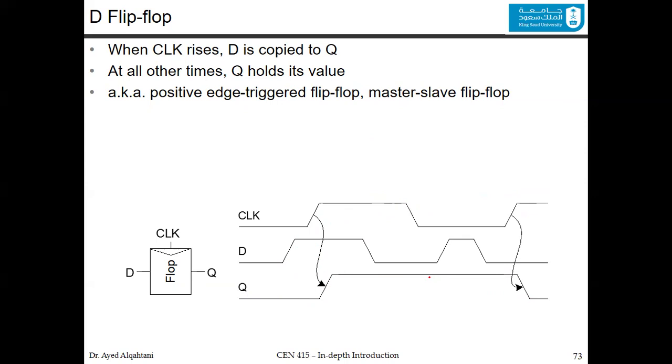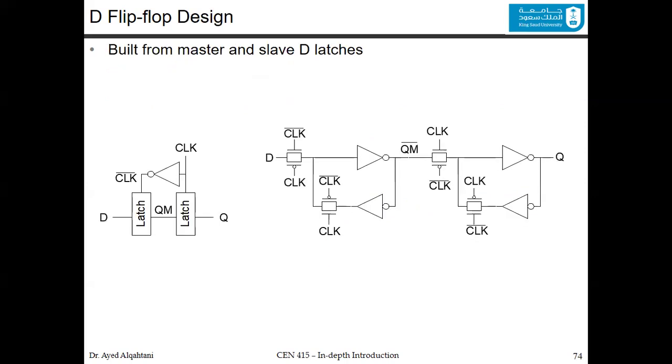Now, the design of the D flip-flop, you build it using a master and slave latches. So you have a latch and you have another latch. This is the first design of the latch, and this is the second design of the latch. The only thing that you should notice here is that the polarities are different.